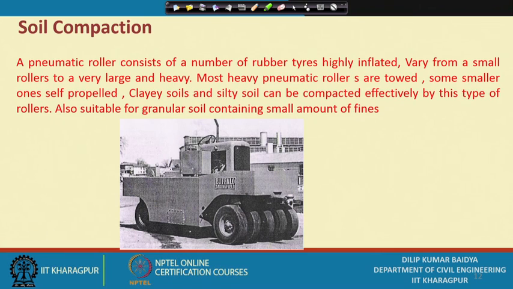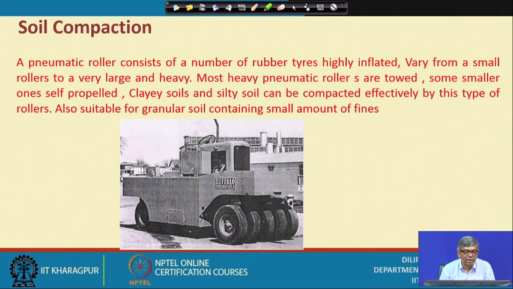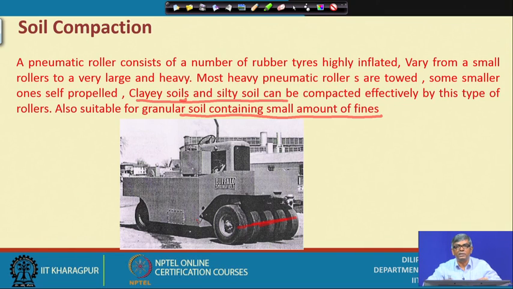Most heavy pneumatic rollers are towed, and some smaller ones are self-propelled. Clayey soil and silty soil can be compacted effectively, and it is also suitable for granular soil containing a small amount of fines. There are so many tires, so a large area is covered.